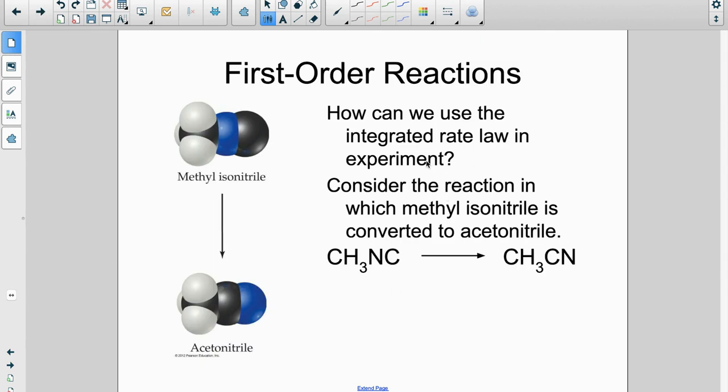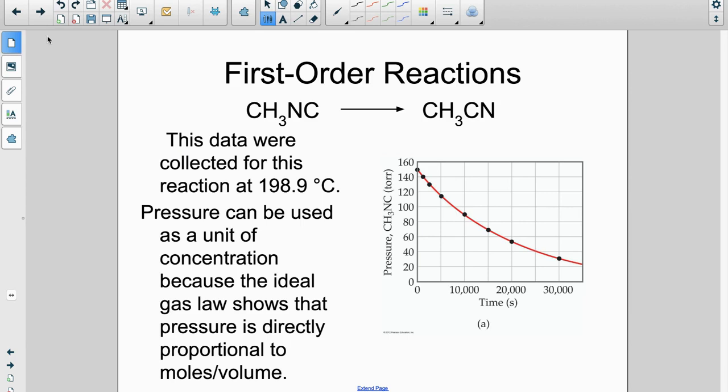So how can we actually use this integrated rate law in an experiment? Now this reaction where we convert this compound, basically the carbon and nitrogen are switching places, we can take data points, we can measure the pressure of this compound at different points in time, and we can get a nice graph of this line.